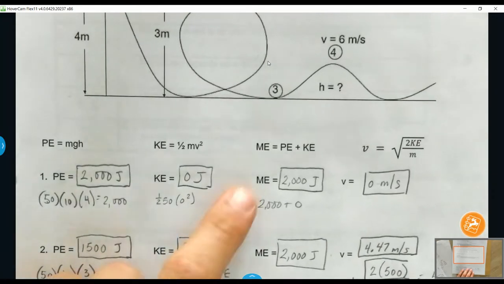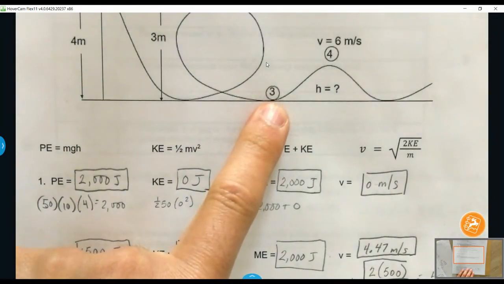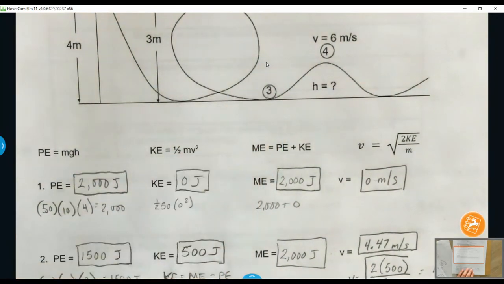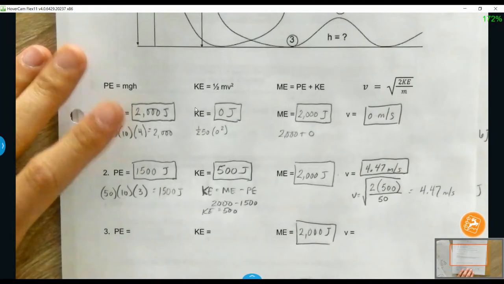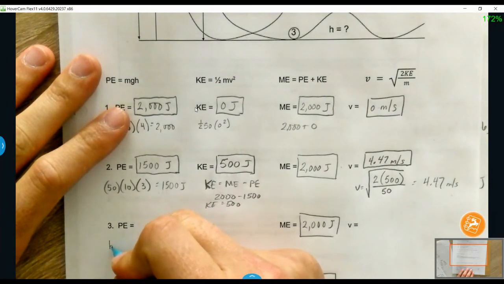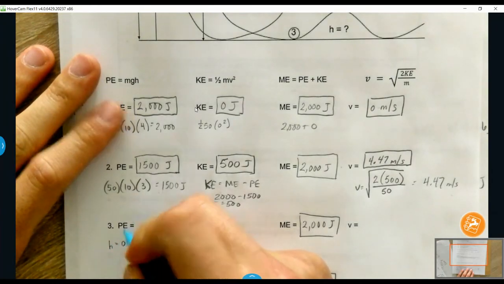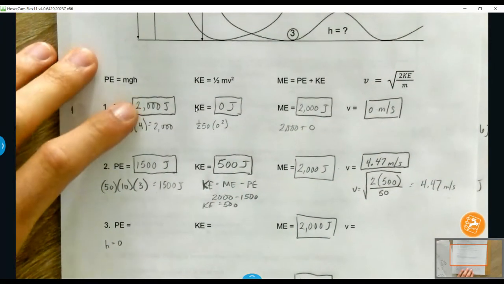At point 3, there's no velocity given, but it looks like it's on the ground. So if it's on the ground, what do you think the height would be? Very good.